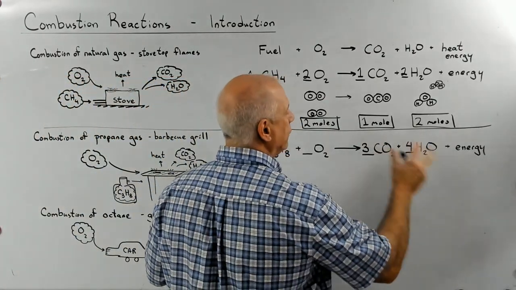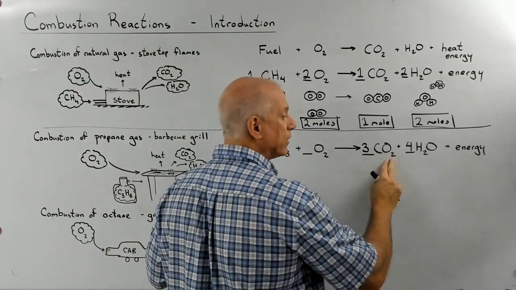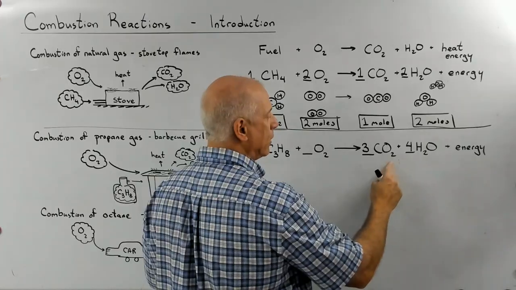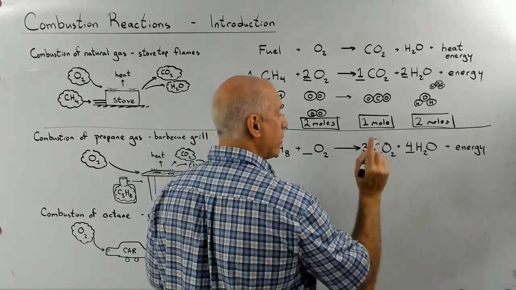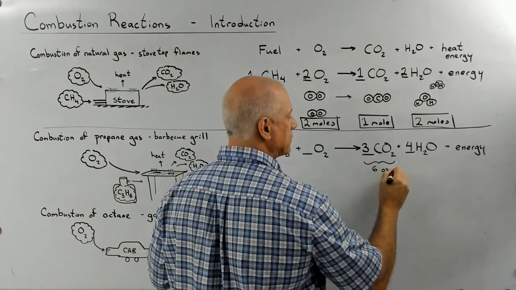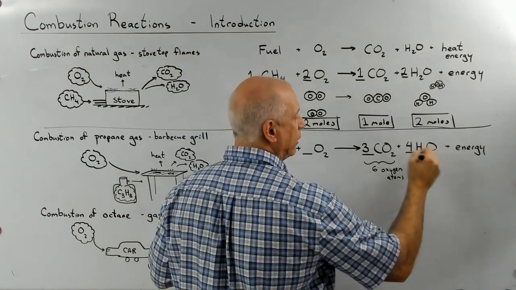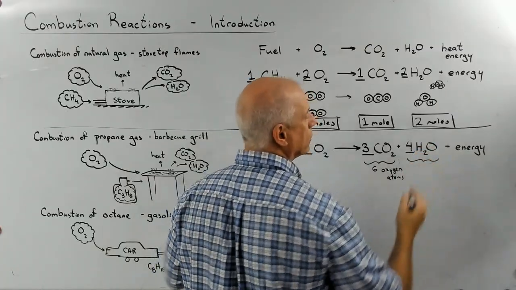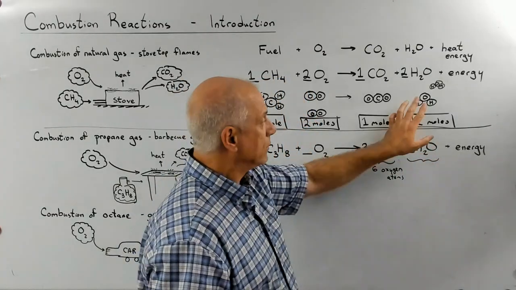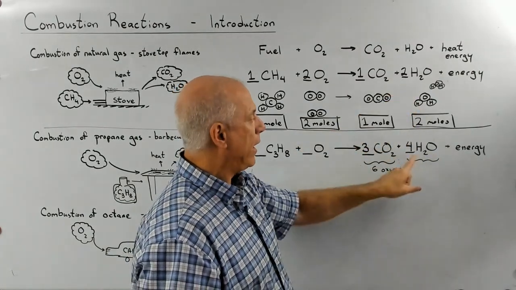Now let's worry about the oxygens. On the right side over here, I have 3 CO2 molecules, but each molecule contains 2 oxygen atoms. So this part right here represents 6 oxygen atoms. And then here I have 4 water molecules. Each molecule contains 1 oxygen atom, and I have 4 of them.